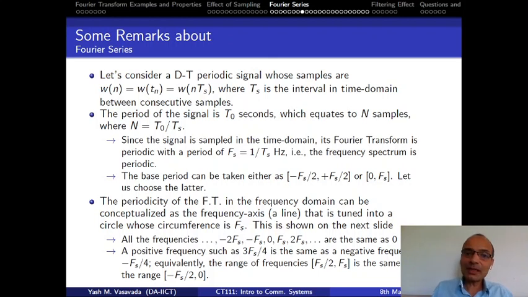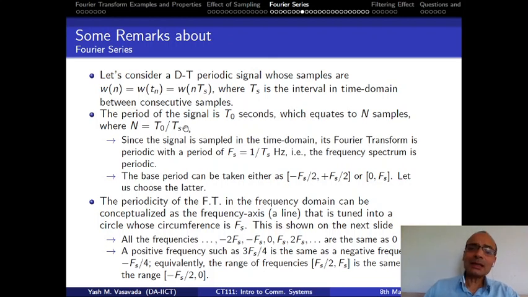There has to be some finite number of samples given as the input to this FFT function. In our case, we had a variable called n sample. In general, it is some integer n number of samples that we have from the time domain. Basically, capital N samples of the signal w of n.